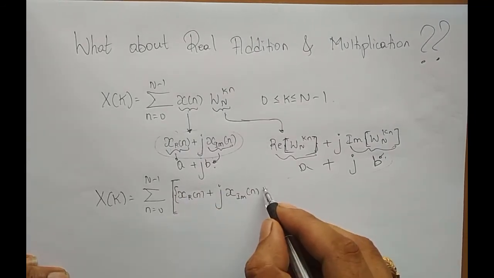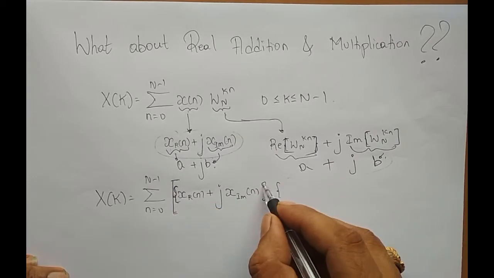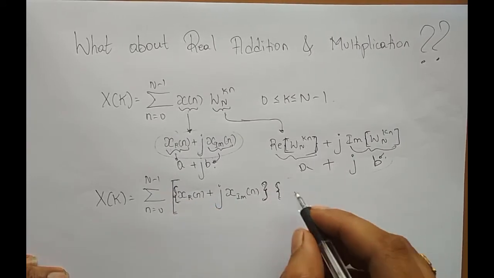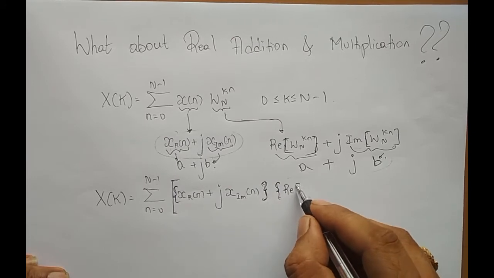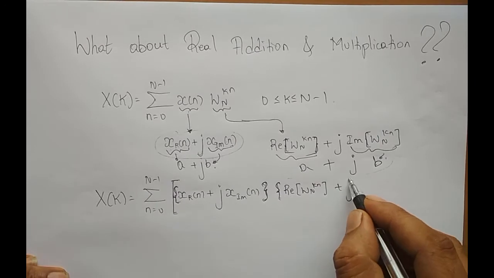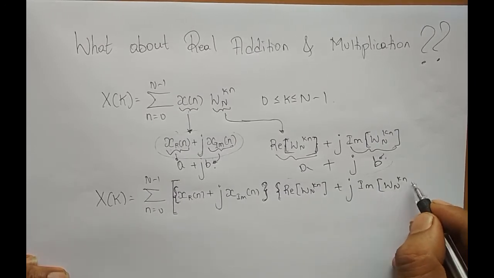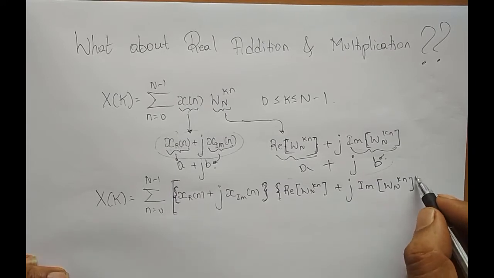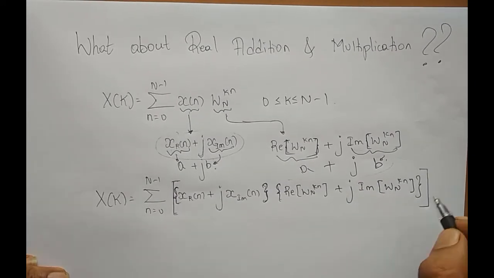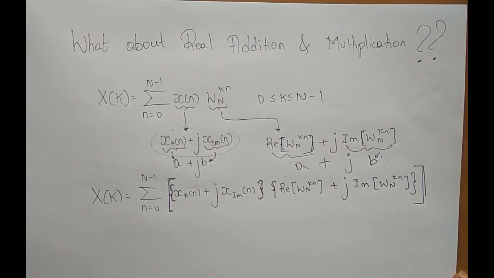Let me put it in square bracket, and one more, let me put it in curly bracket, and one more term is real part of wn power kn plus j into imaginary part of wn power kn. Let me close the curly bracket and close the outer bracket. I hope this is fine.